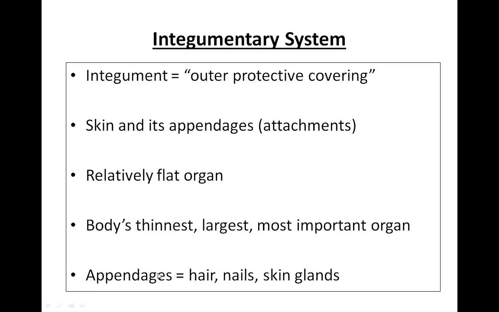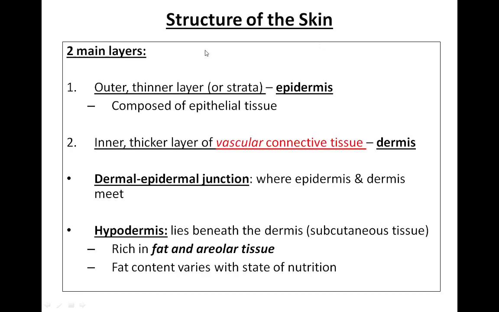Now, what are the appendages of your skin? These are hair, nails, and glands. There are two main layers of the skin. The outer thinner layer is known as the epidermis, which is composed of epithelial cells.